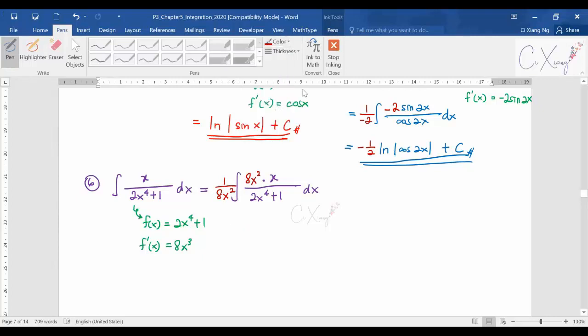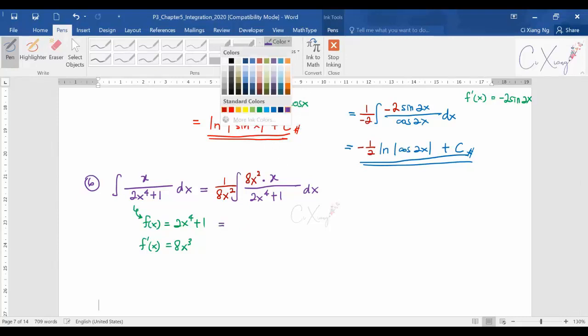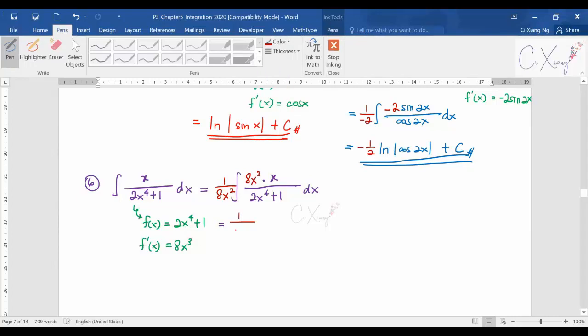Then you just copy it down, and focus on the integration for this fraction. Since you now have the f prime x over fx pattern, when you apply it you should have ln 2x power 4 plus 1, then plus c.